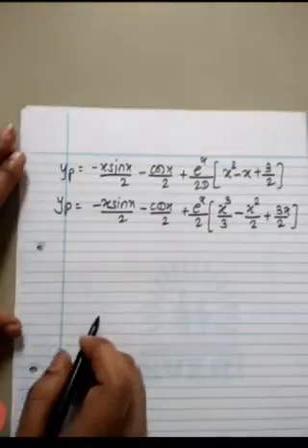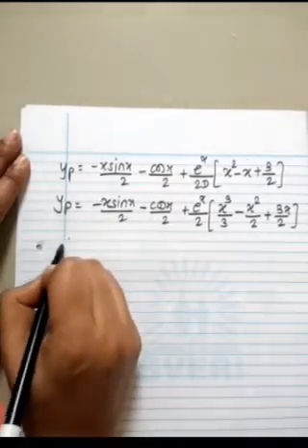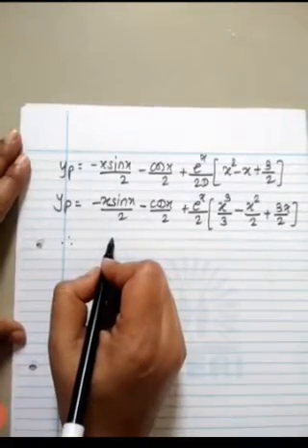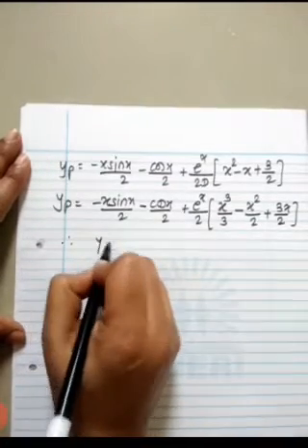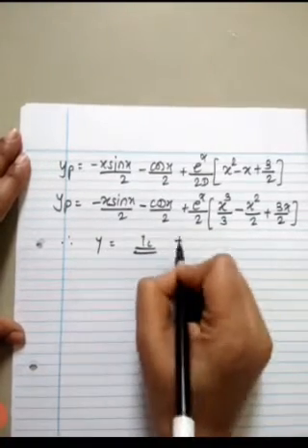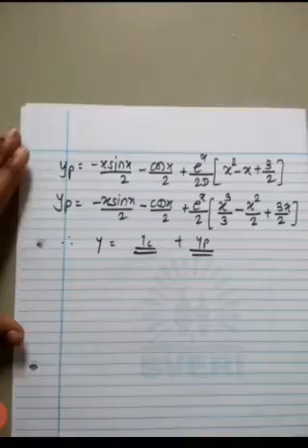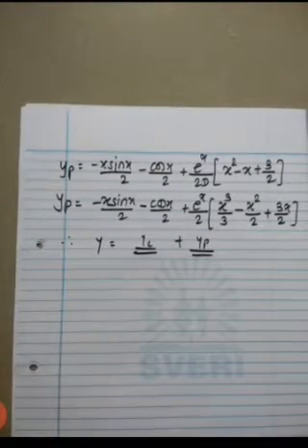Done. This is your yp. Therefore, you can now write the general solution: y is yc plus yp.